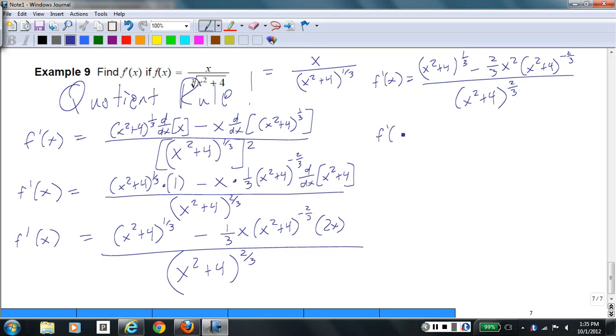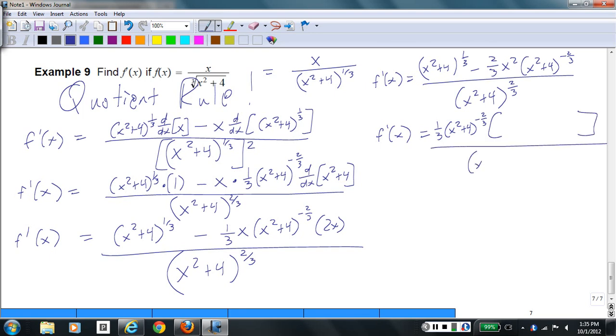So I'm looking at it, I'm thinking I don't want a 2/3 inside the parentheses. I don't want to leave a fraction inside the parentheses like this. So I'm wondering if I shouldn't, at a minimum, factor out a 1/3. It's a little weird, but I want to factor out a 1/3 times x squared plus 4 to the negative 2/3.